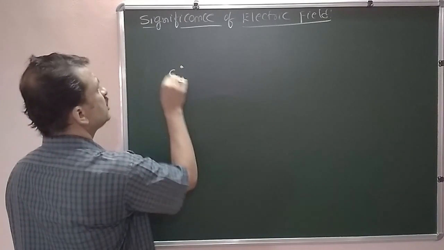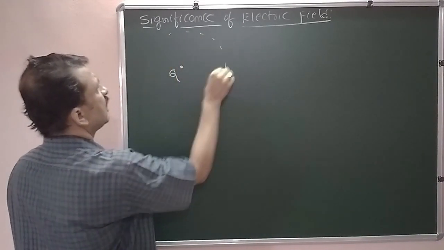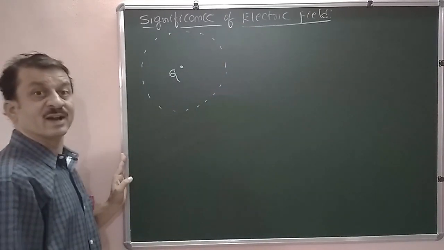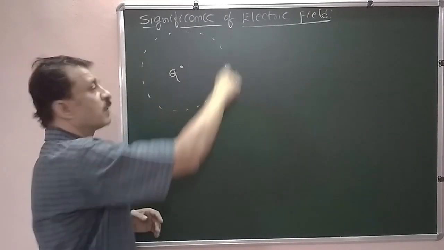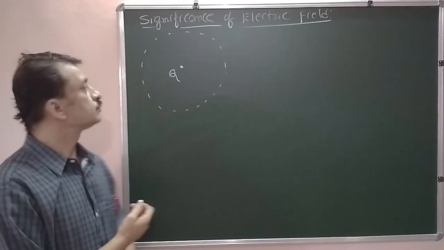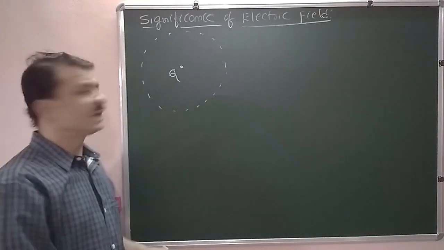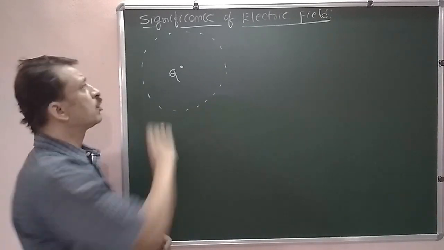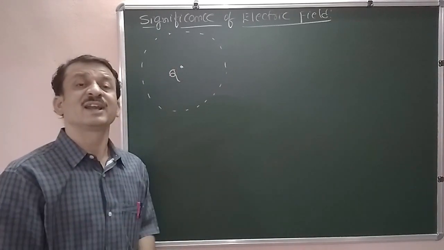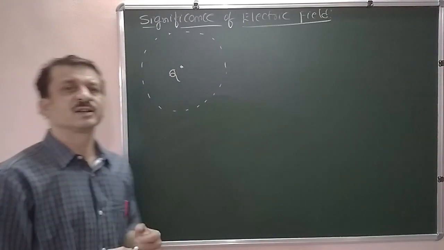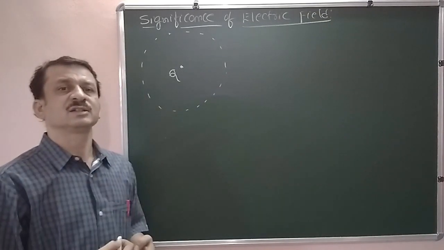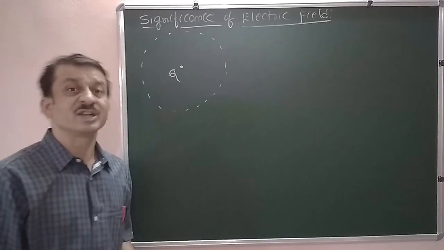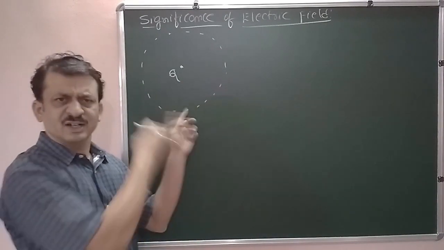If you have a point charge here, around this point charge, just like a compound to our house, in the same manner, this electric field has a certain boundary, around which there is an electric atmosphere or environment. That is experienced only when you place a test charge there.